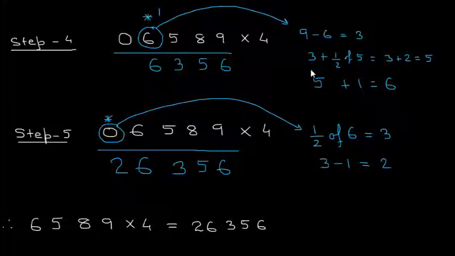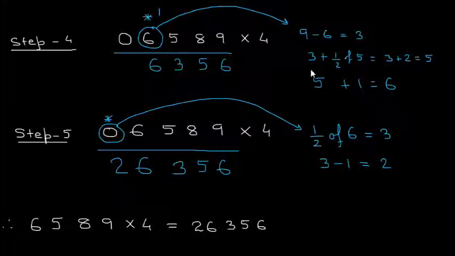Since 0 won't have anything, we just calculate the value as half of 6. Its right hand neighbor is 3, and 3 minus 1 is equal to 2.